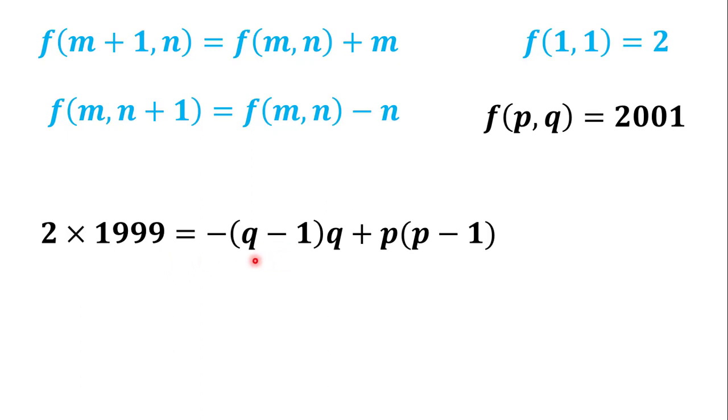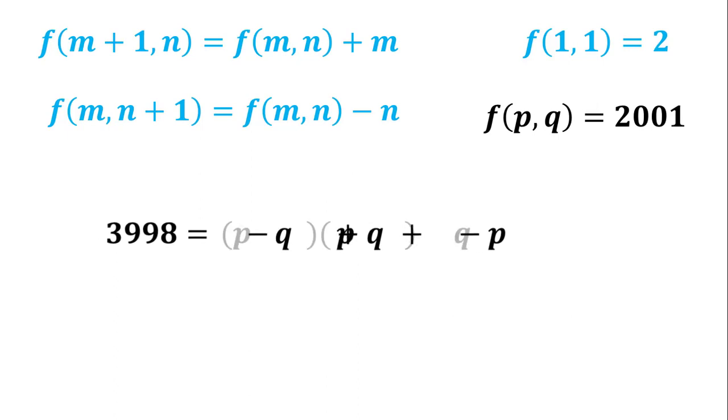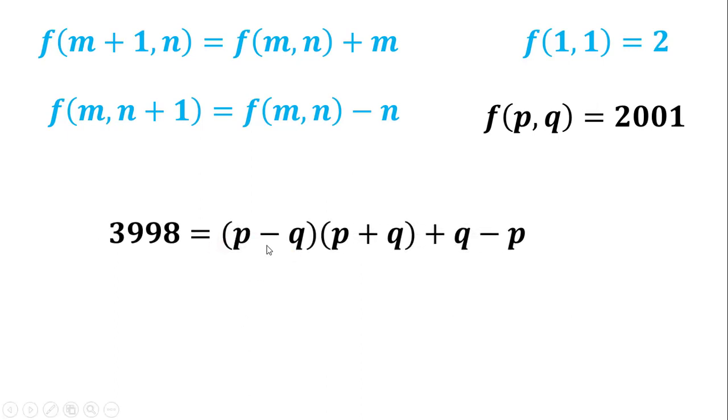Now we can multiply q minus 1 by q and p minus 1 by p. p squared minus q squared is equal to p minus q times p plus q. We can factor out p minus q from these two terms.